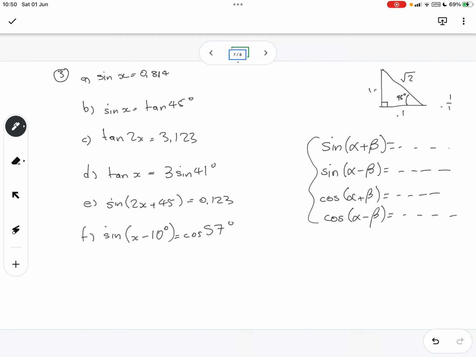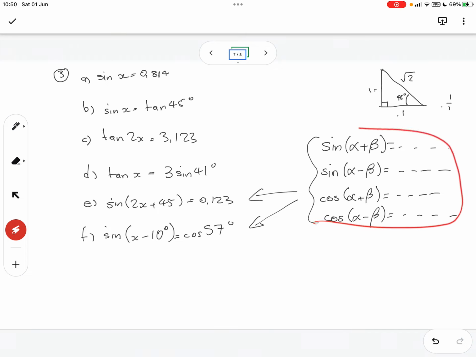I'm not going to tie these to these two just yet, but I want you to keep in mind that solving problems that have a compound angle like this will, in matric, oftentimes require that we use one or more of these identities. So identities become your best friend, but I'm only introducing the idea now whilst we're still solving equations because I want us to get familiar with solving equations in trig.